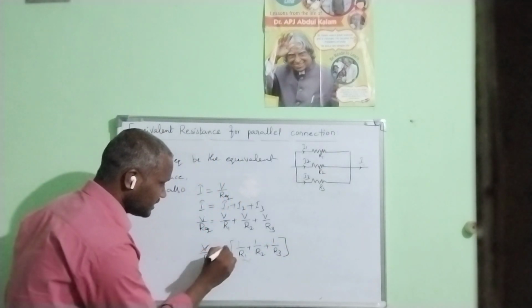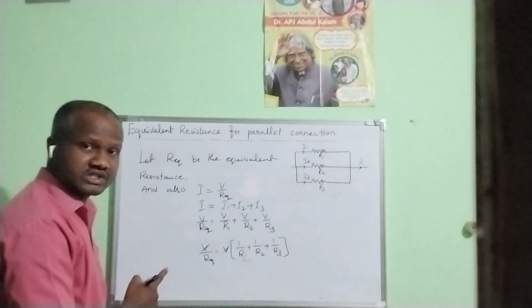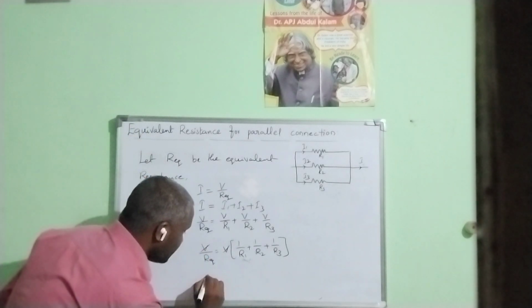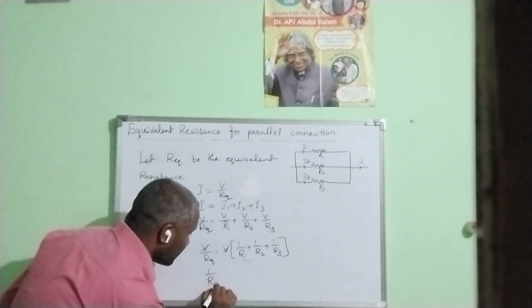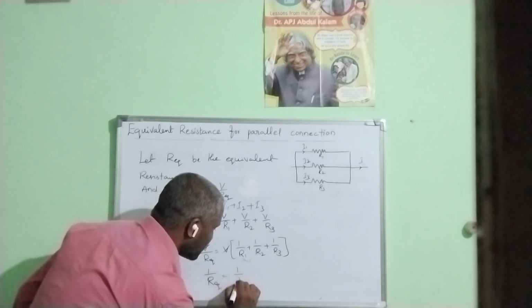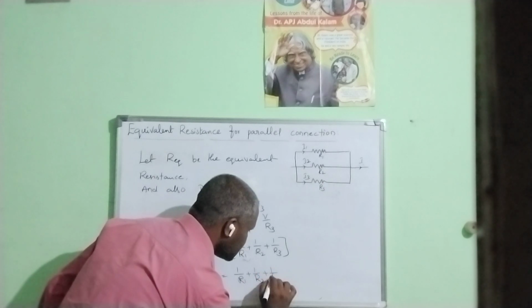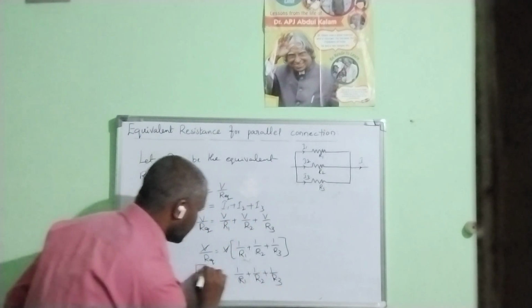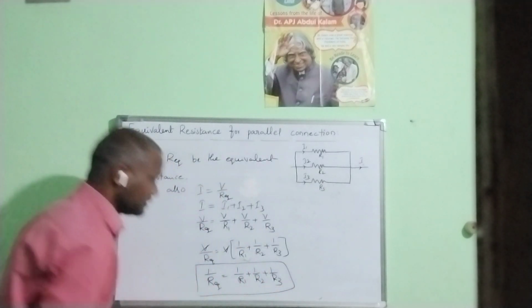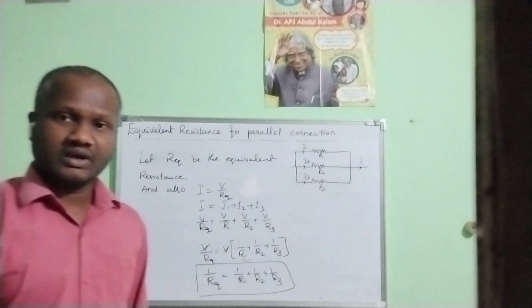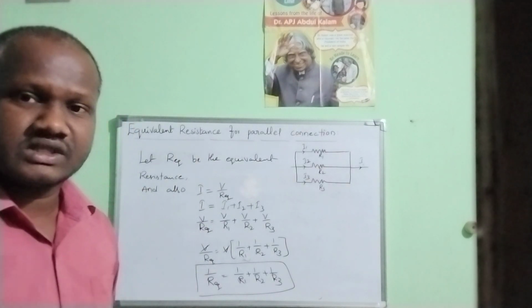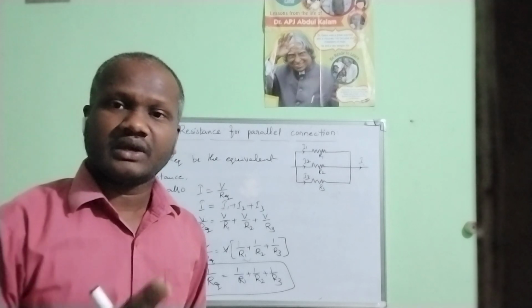The potential difference V gets cancelled, and finally we get 1 by R equivalent is equal to 1 by R1 plus 1 by R2 plus 1 by R3. This is the relation for equivalent resistance when resistors are connected in parallel.